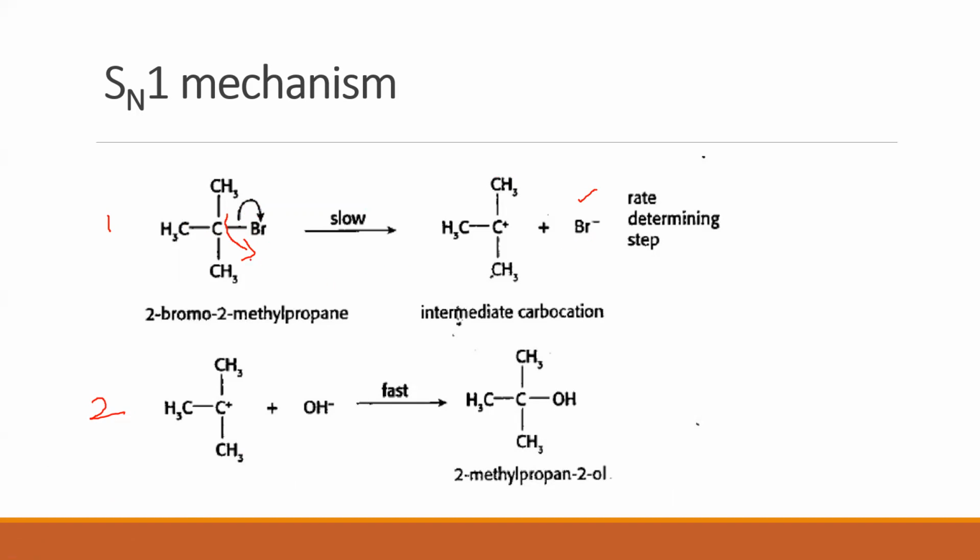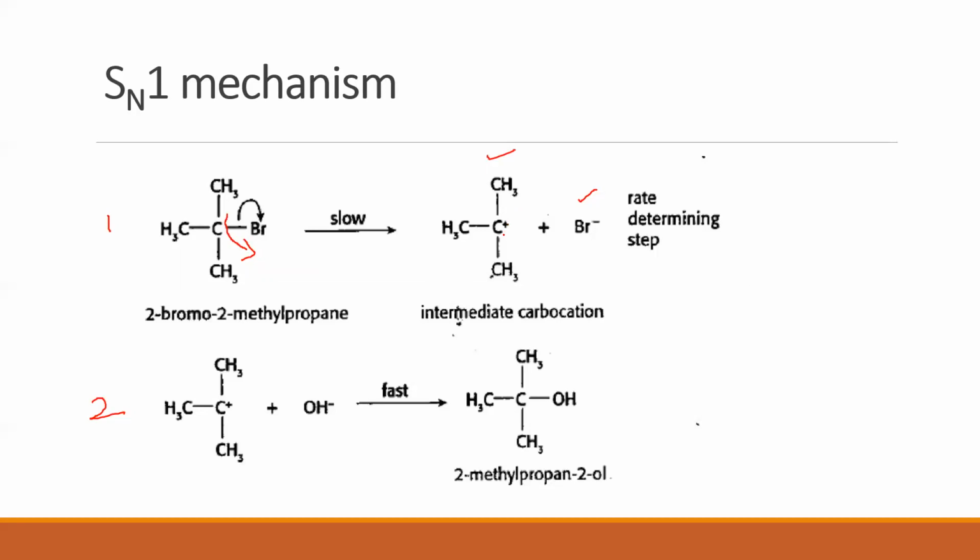Now, because this bond is broken and the electrons have been taken away by bromine, what will happen to the carbon? Naturally, the carbon is not happy. Why is it not happy? Because its valency is not satisfied. It has lost electrons. So what does this species become?